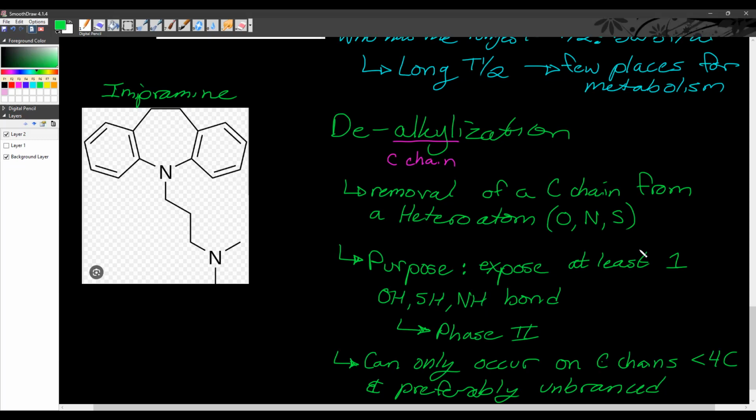So we're looking for simple carbon chains. A methyl group, an ethyl group, regular propyl, maybe isopropyl. But once you start getting really complicated with these alkyl groups, it does not do very well.